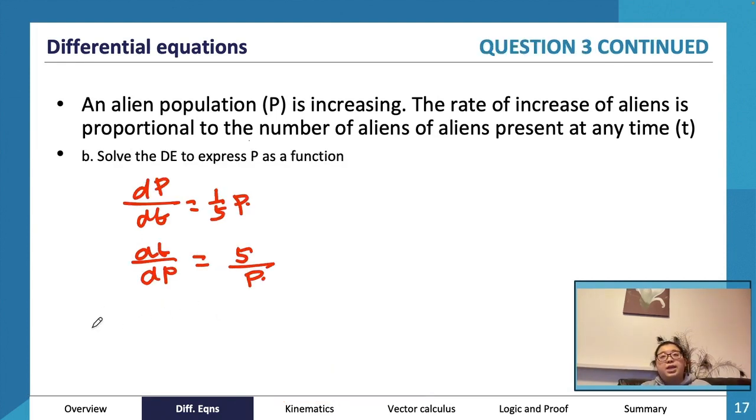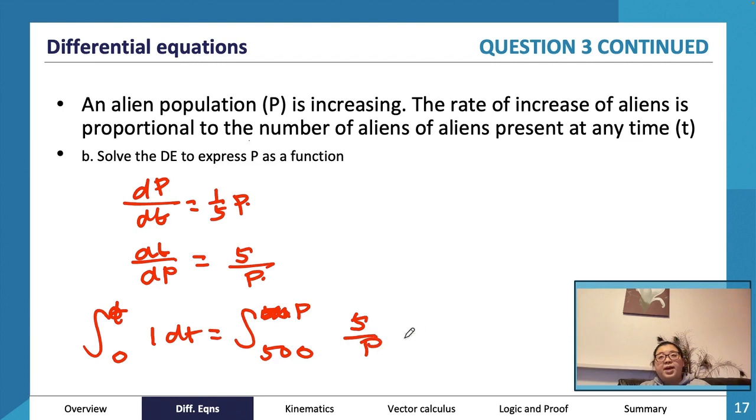So what you're going to get here is that from t to 0, let's say 1 dt is equivalent to the integral from 500 to p of 5 over p dp. You can see how we move that to this side and that to this side.